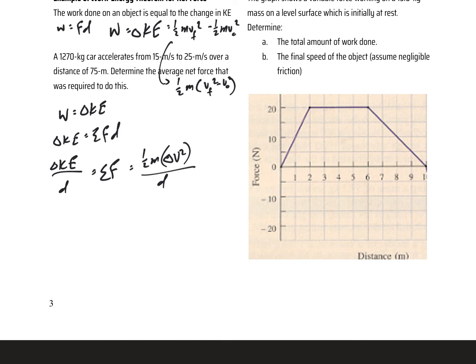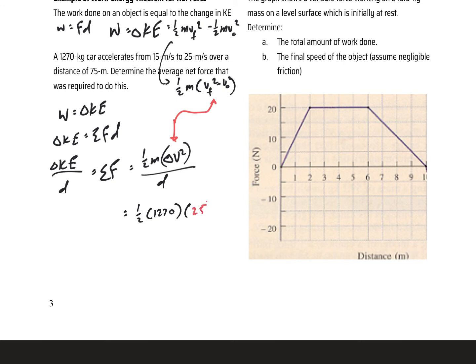And from there, we can plug everything in. There's the 1/2. The mass is that 1270 number. For the velocity, what I'm doing is I'm just looking at the delta V and using this vf squared minus vi squared, or v naught squared.